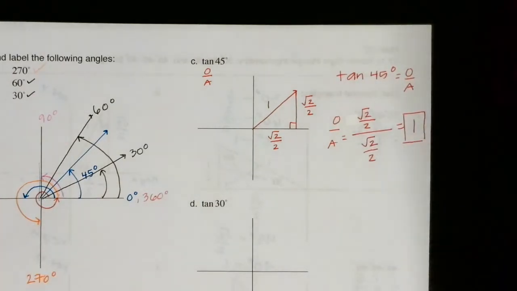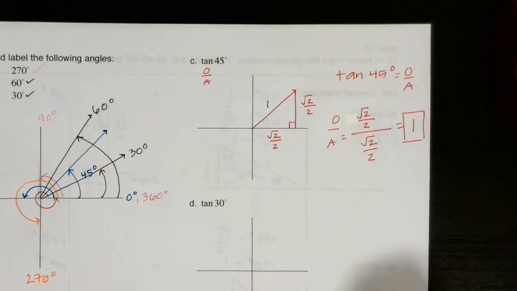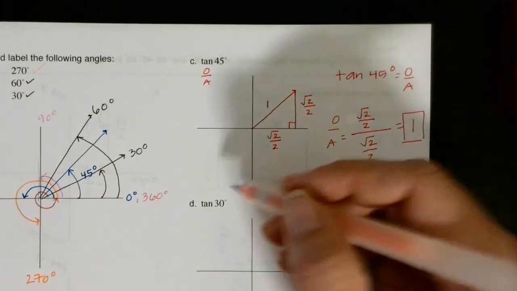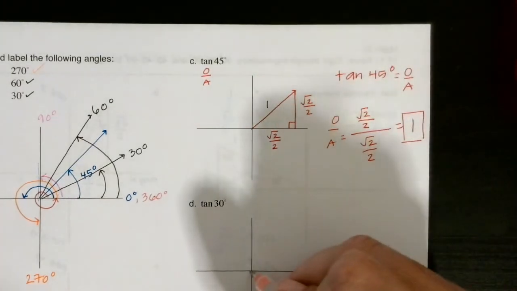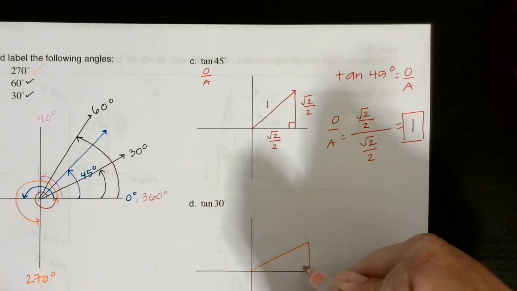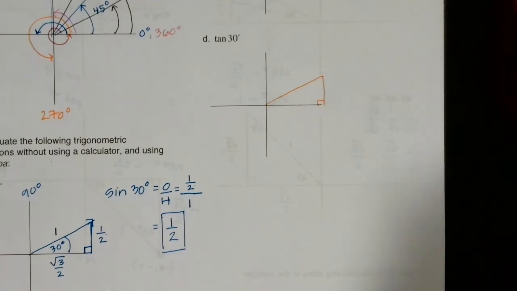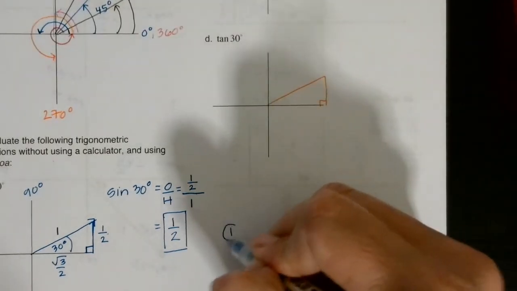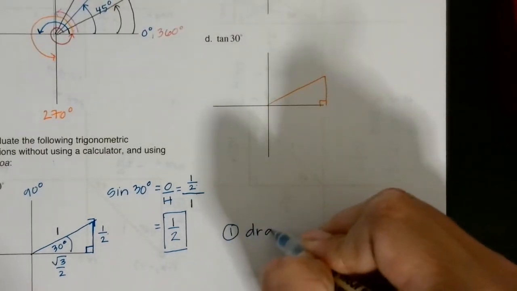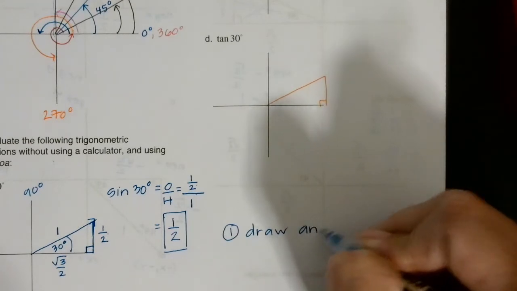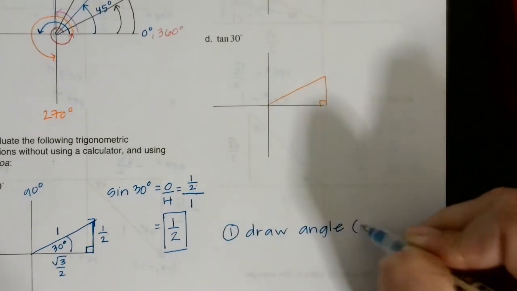Alright, our last problem for today is the tangent of 30 degrees. So step 1, draw your angle. Okay, so we're going to write steps. We're going to do them down here so everyone can see them. So 1, draw the angle properly.